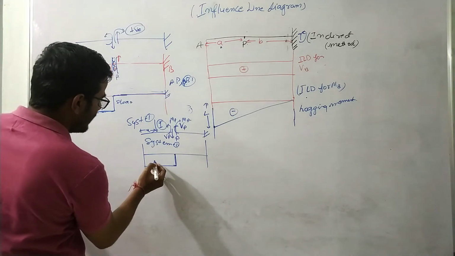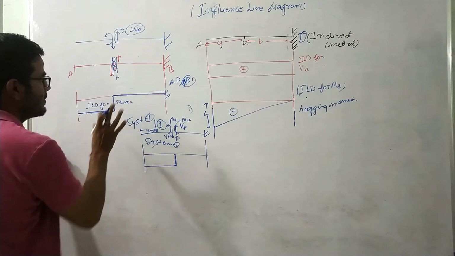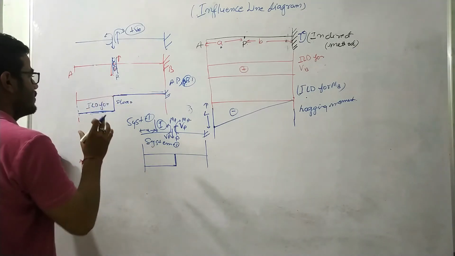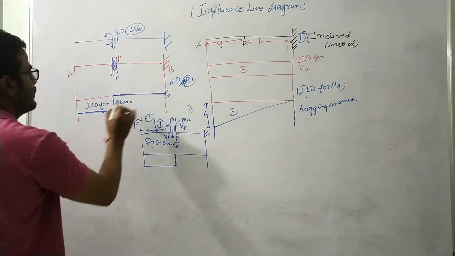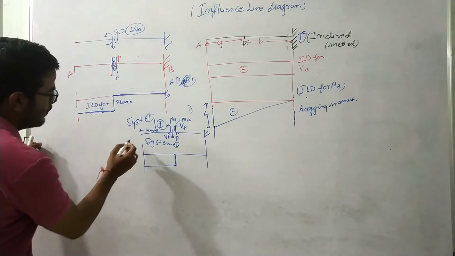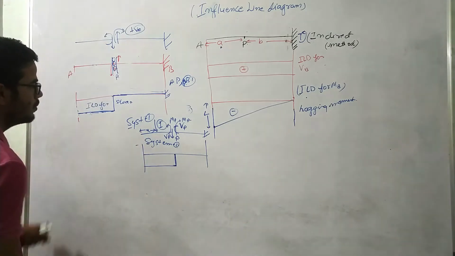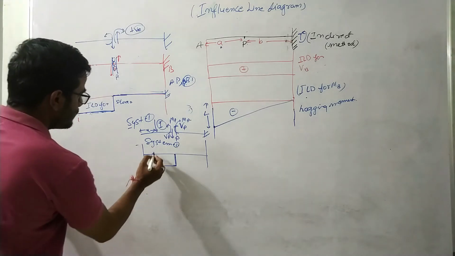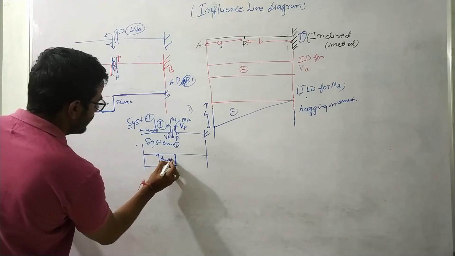So now you can see that in this diagram, none of the members is bending. In PB there is no bending and there is no bending in AP. Now we'll see when we apply Betti's law to system 1 and system 2. I can write, corresponding to 1, the deflection is unit only, 1 unit.